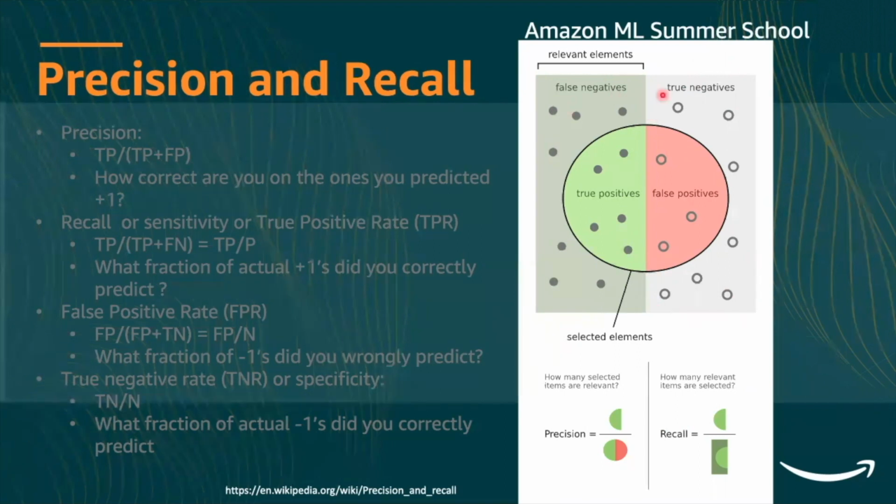Anything to the left of the center line is a positive example, the actual labels of these are 1. Anything on the right-hand side, which is the light gray region and this pink region, is basically all the examples with true label as 0.